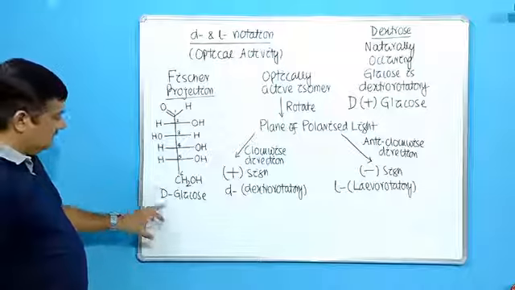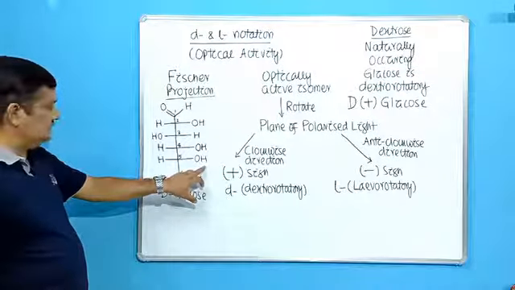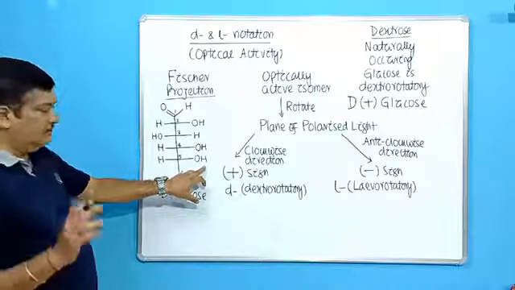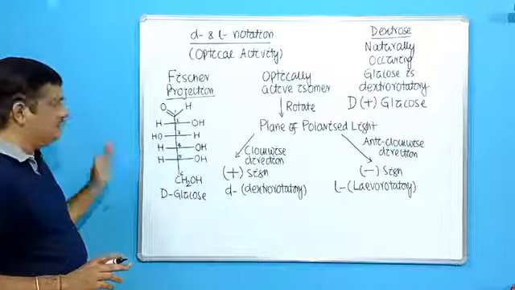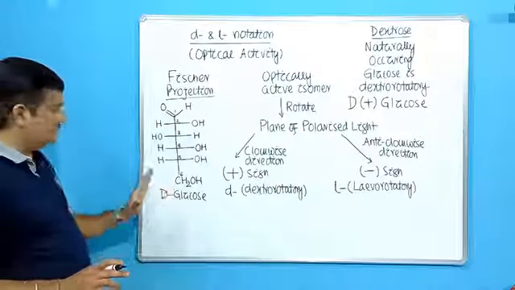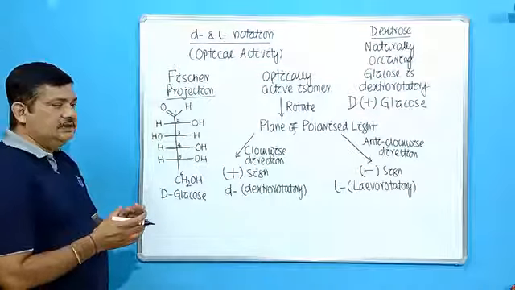For D glucose, the OH on the fifth carbon should be on the right hand side. And a trick: only at the third carbon atom the OH will be on the other side, all the rest on the same side. So this is how you draw the Fischer projection of D glucose.